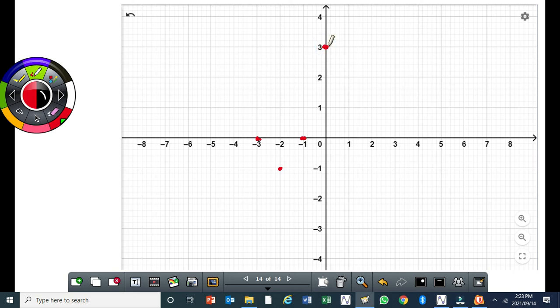Right? I know that my graph is a minimum turning point, so when I sketch it to look like this, well, it's not high because I would want, let me redo it.